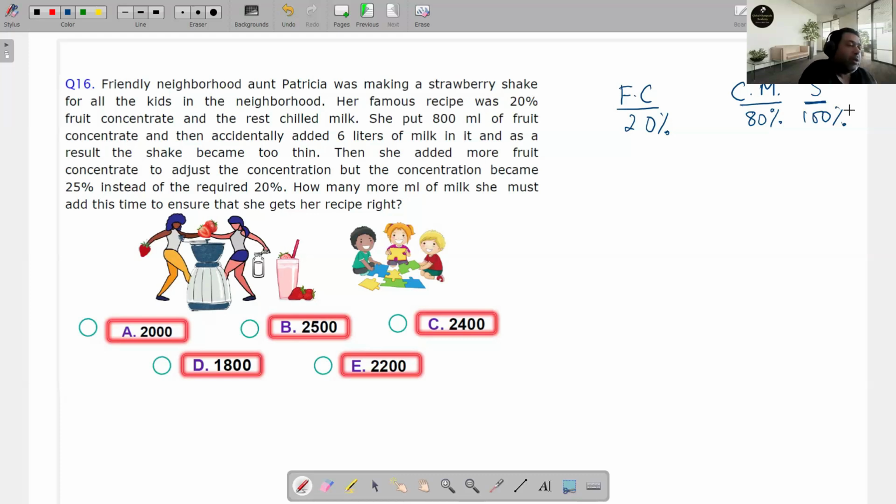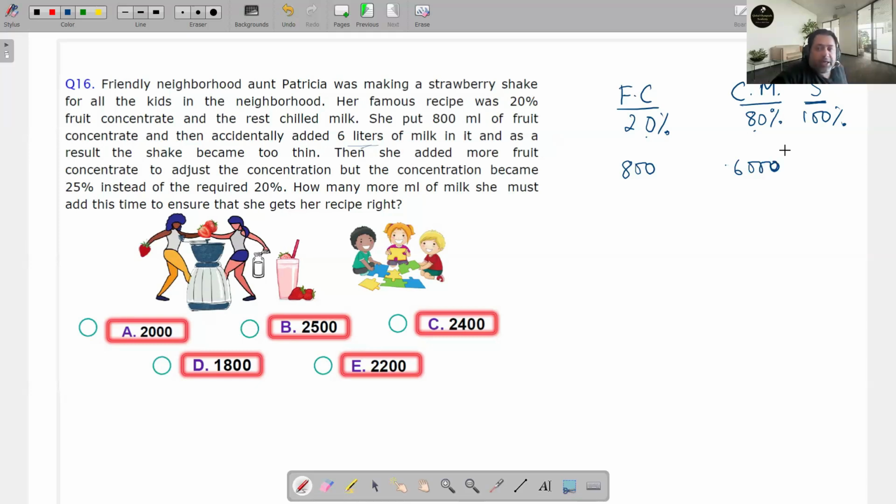Now let's see. Initially, she started with 800 ml of fruit concentrate. Ideally, the chilled milk should have been 4 times of this, because 4 times 20% is 80%, so it should have been 3200 ml. But what she put here was 6 liters, which is 6000 ml.